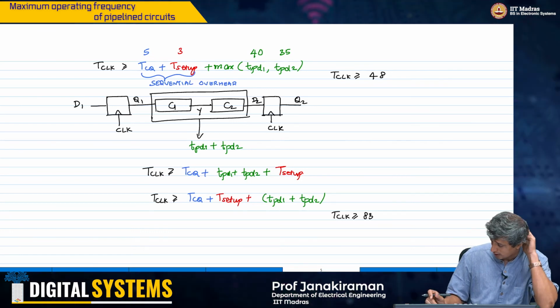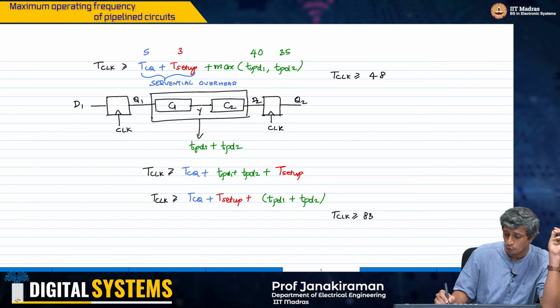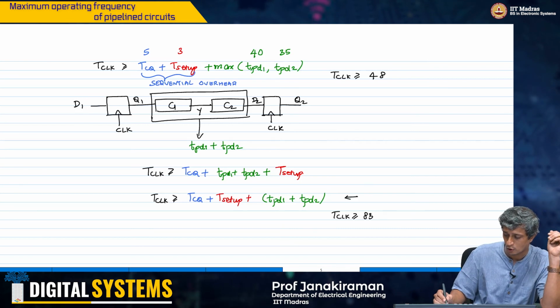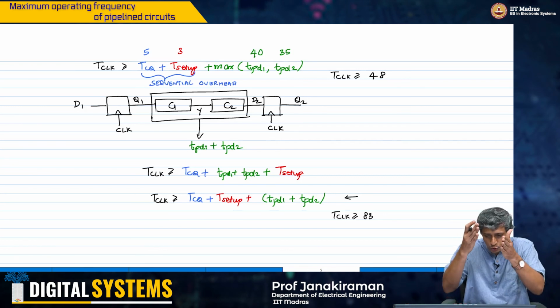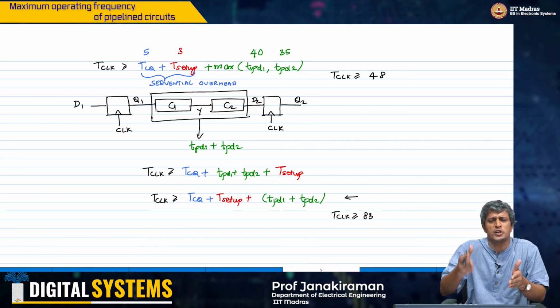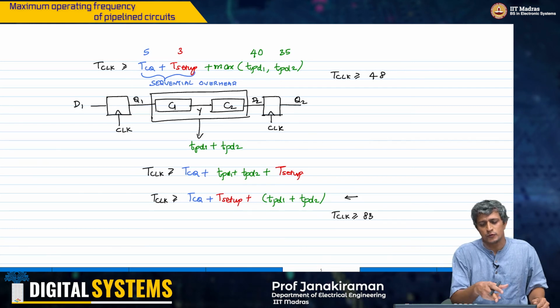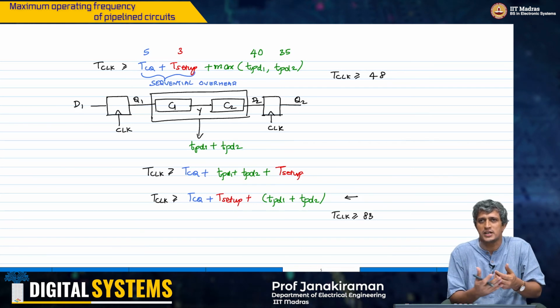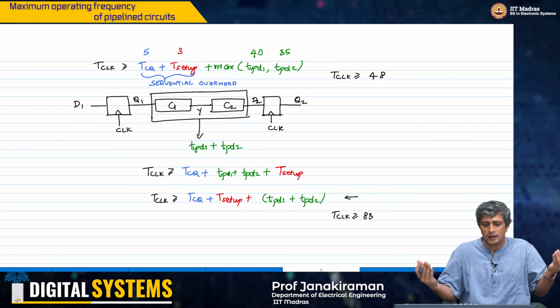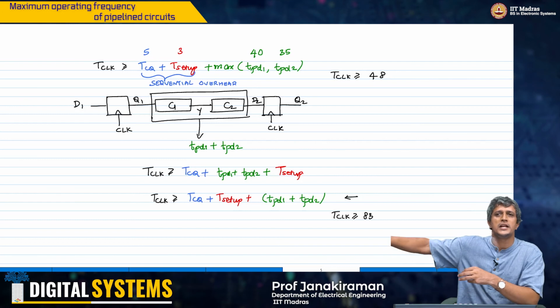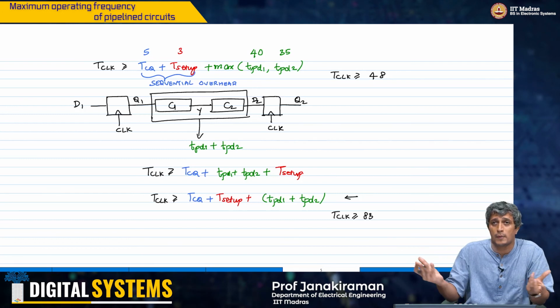So what is important to note is, in the throughput equation, we don't see the effect of adding so many flops. If I actually choose to add a flop after every stage and break it into a 10-stage pipeline, this throughput equation will just say T clock should be greater than TCQ plus T setup plus max of 10 delays, and it might end up being faster.